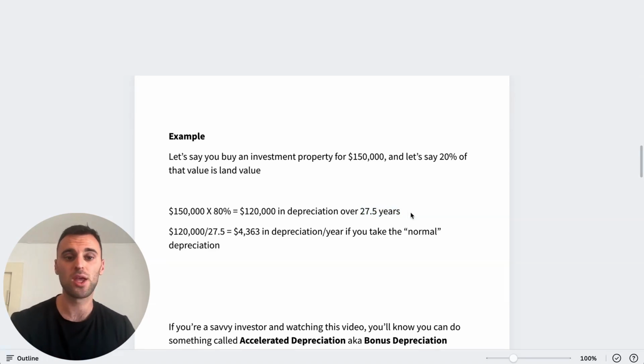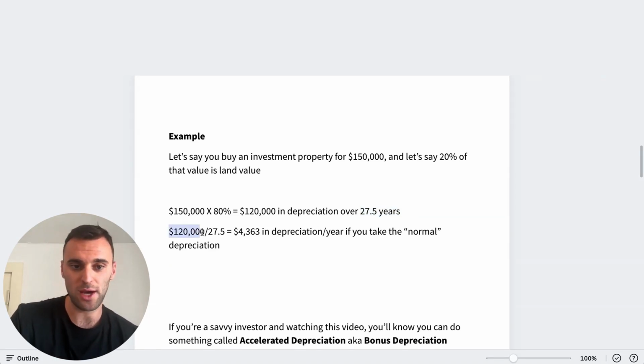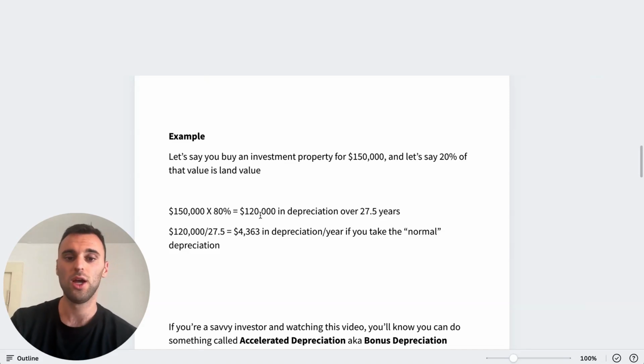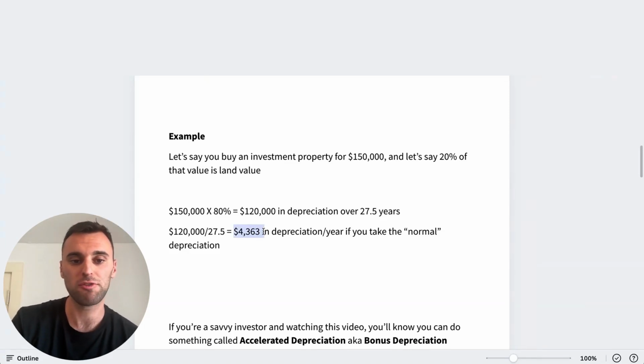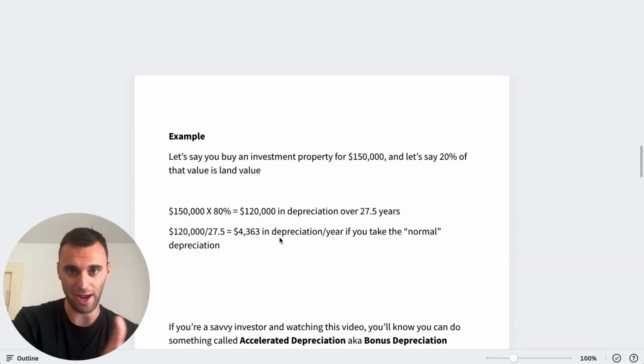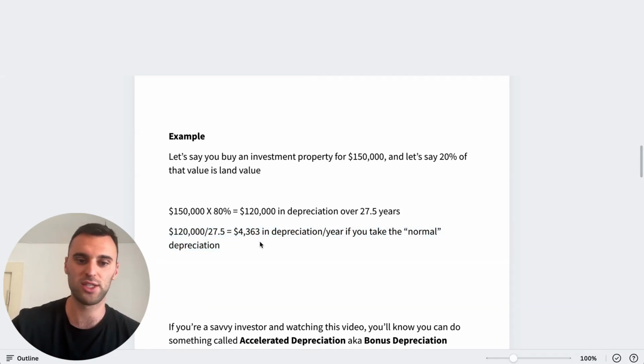Okay, pretty good. So if we take the $120,000 that we just got here and divide that over 27.5 years, we're going to be able to essentially write off $4,363 on our taxes every single year for as long as we own this property. That's just the really basic way of doing it. $4,300 in depreciation every single year for 27.5 years.